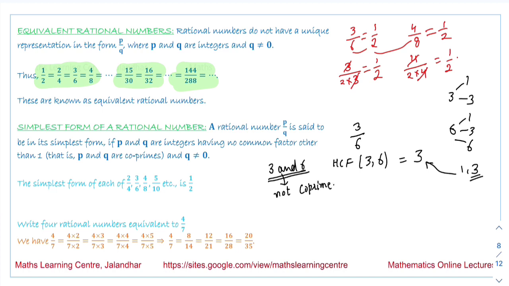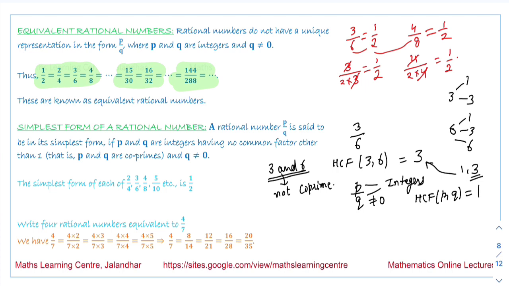We are talking about the number p over q. The definition we have given is that a rational number is the number in the form of p by q, where p and q are integers and q is not equal to 0. Now if we add another condition to it, that HCF of p and q is 1, then that form is called the simplest form.